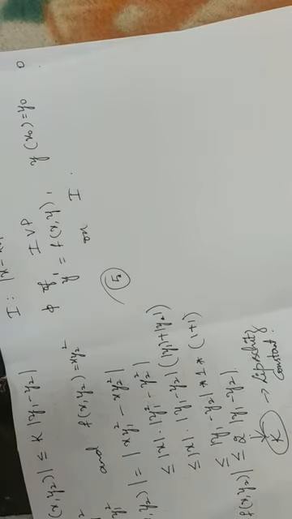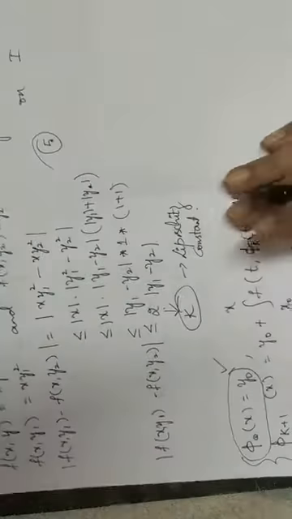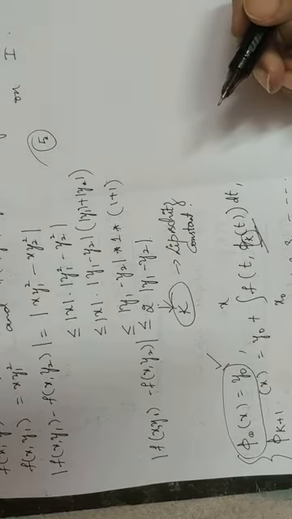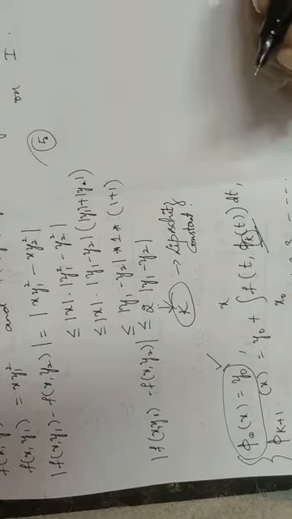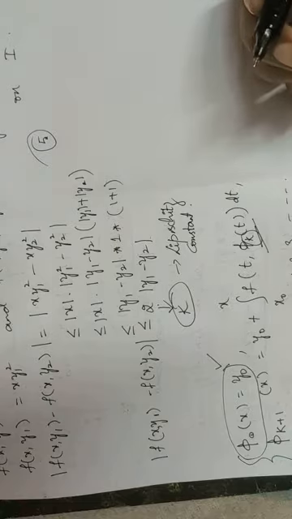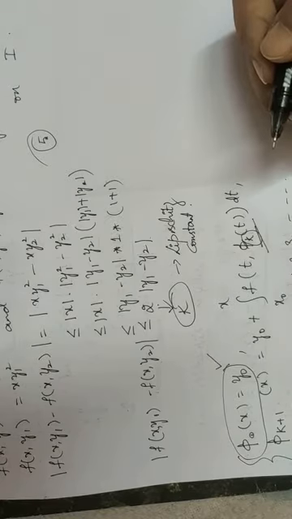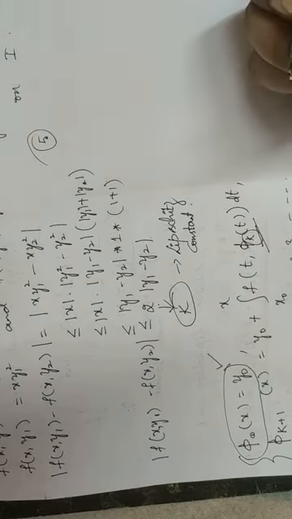So we have to prove that this phi k of t or phi k of x is a convergent sequence. Then we have to prove that phi k plus 1 is also convergent. For that I will use the mathematical induction method.